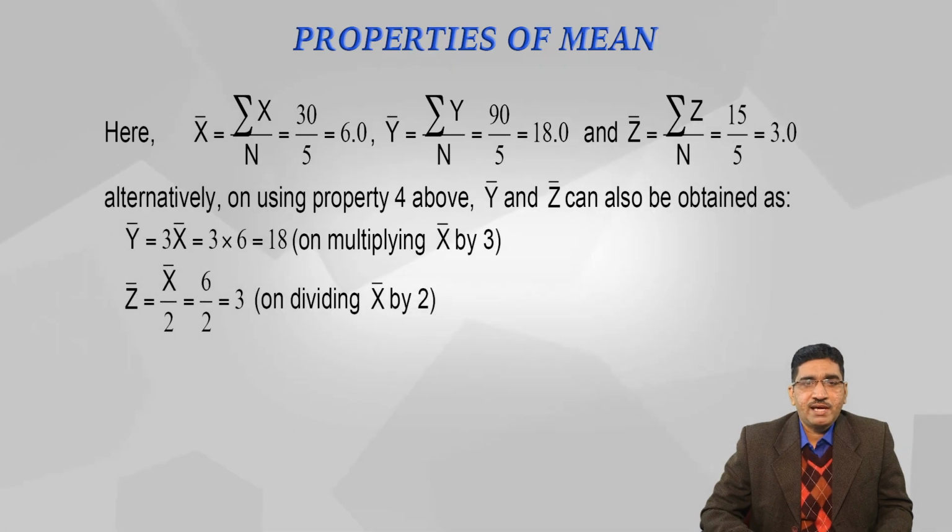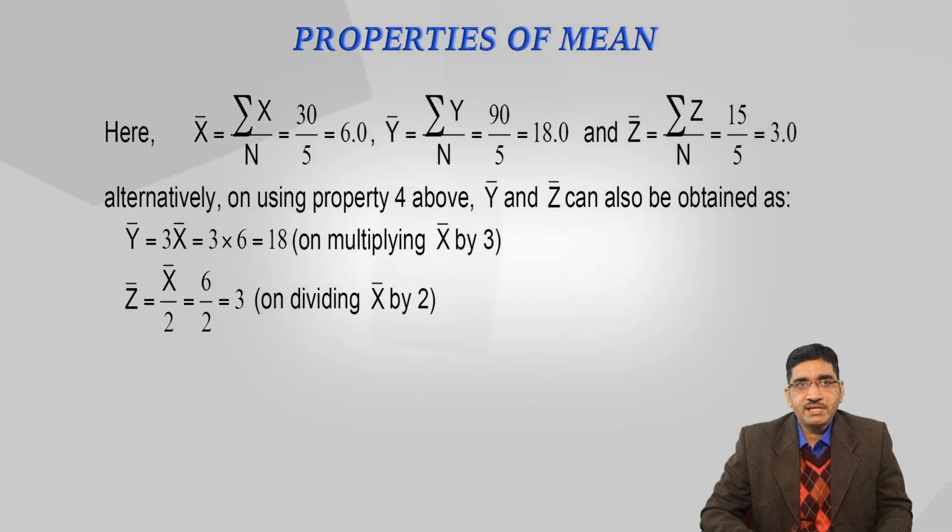So y bar can be obtained by multiplying the constant 3 by the mean of x, that is x bar. So 3 multiplied by 6 is equal to 18, and z bar can be obtained by dividing x bar by 2, that is 6 divided by 2 equals 3. So that is similar to the means that we have obtained from the data.